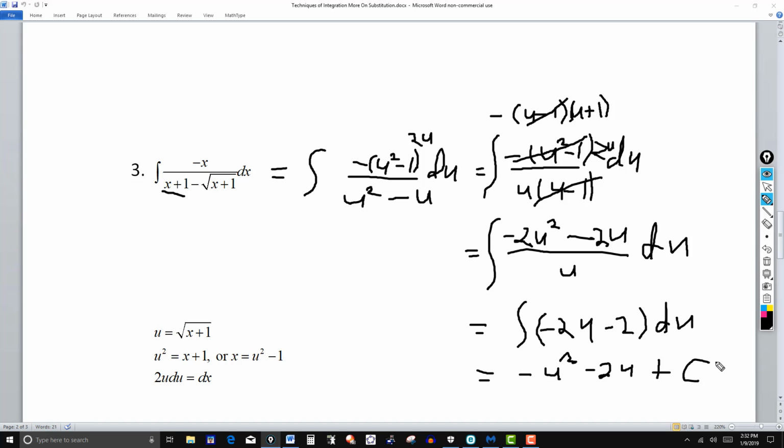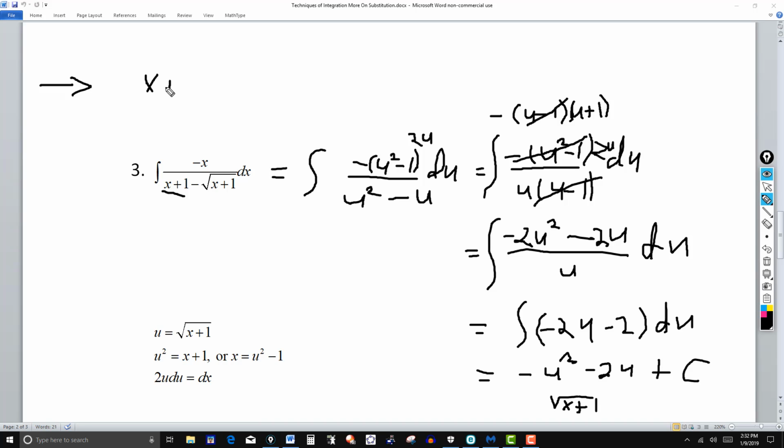Now I just have to go back to the original variable. So u is the square root of x plus 1 here. So let me just carry it over here then. U squared is this squared, so that'll just give me x plus 1. And that's a minus in front.